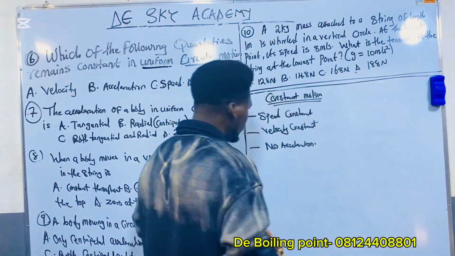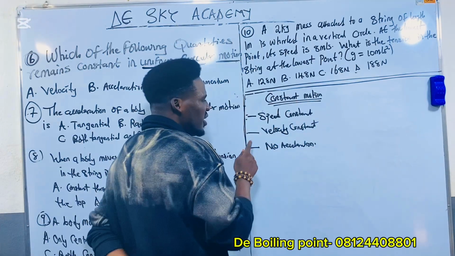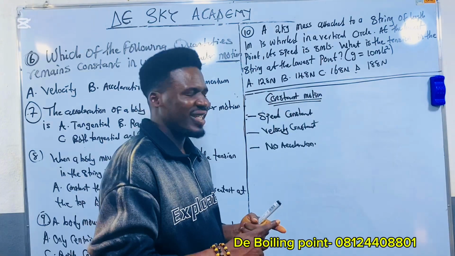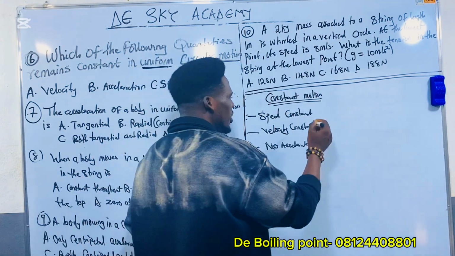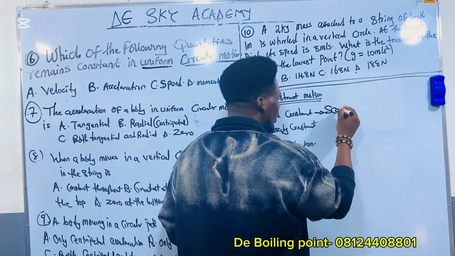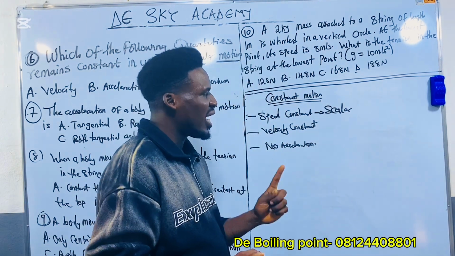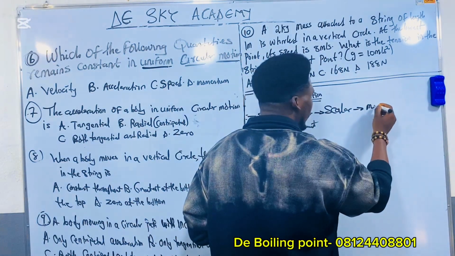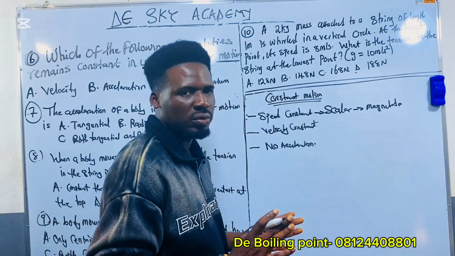Please listen. First of all, let me start with this concept. Speed is a scalar quantity and not a vector quantity. So if speed is a scalar, it means speed has magnitude only, and it doesn't have direction.